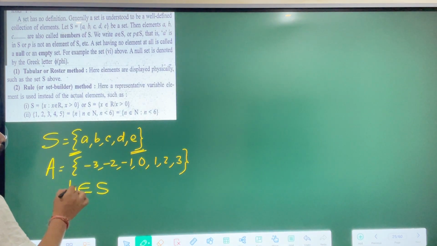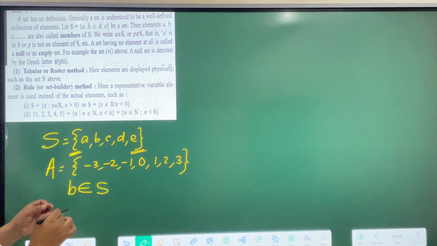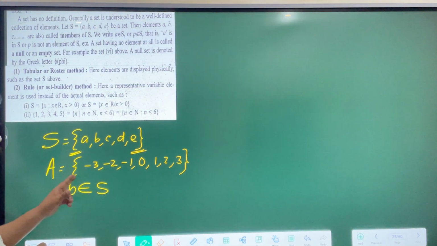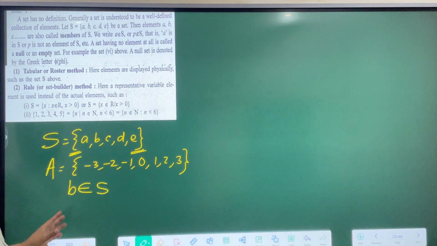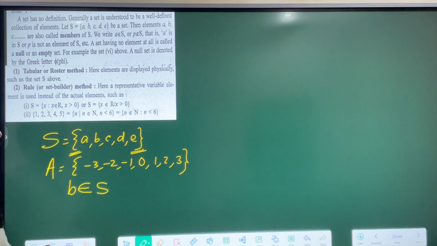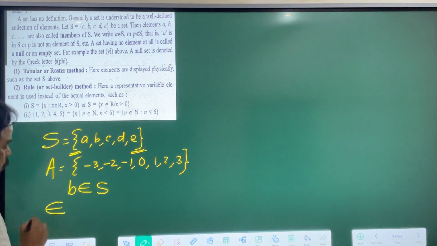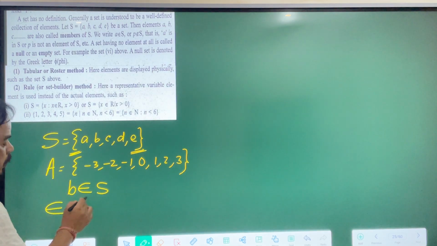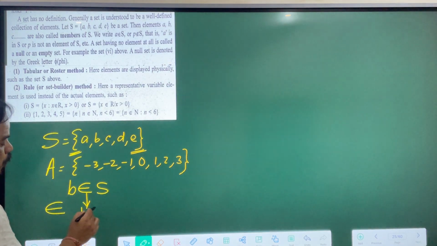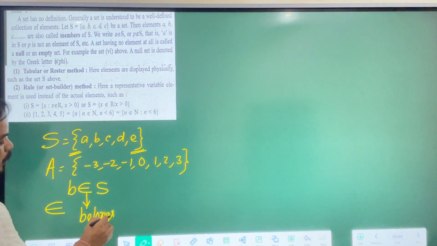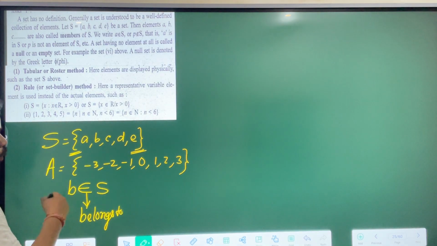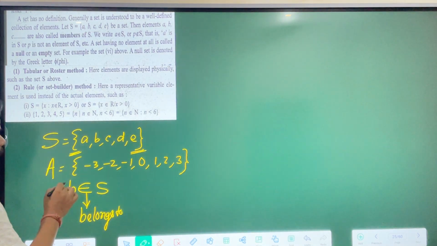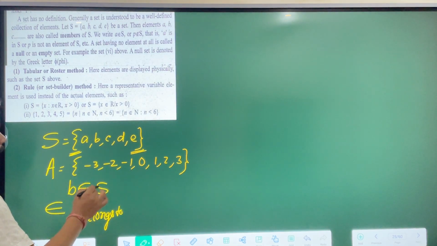The name of this symbol will not come in the exam, but you have to learn how to write the symbol, like a capital letter E. So this b, which is called belongs to. How do we read it? b belongs to S, or b belongs to set S.